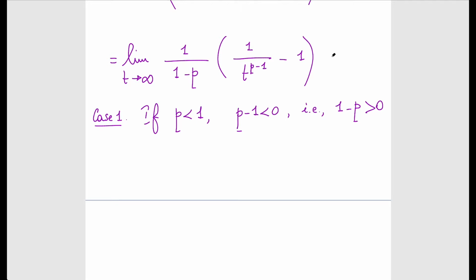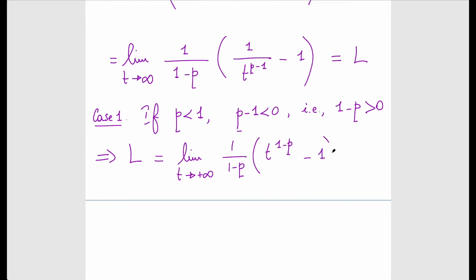And if we call this limit L, so L is equal to the limit as t goes to plus infinity of 1 over 1 minus p, this guy. But since 1 minus p is positive, I can think about this as t to the power 1 minus p by taking it back up, which means I'm going to take the opposite of the exponent, minus 1.